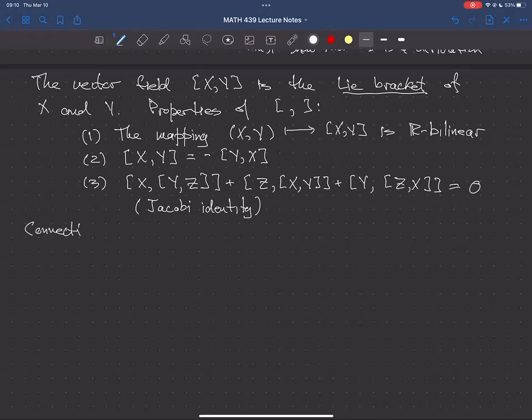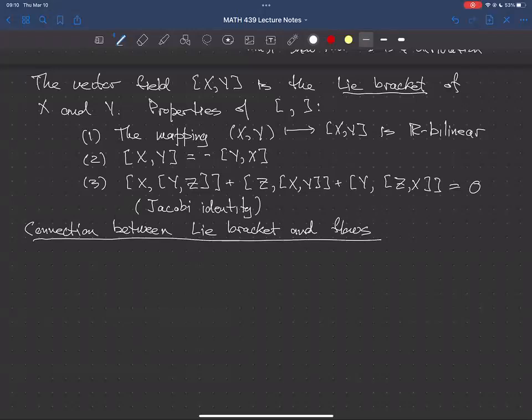The connection between the bracket and flows, like we talked about last time. So the connection is this.